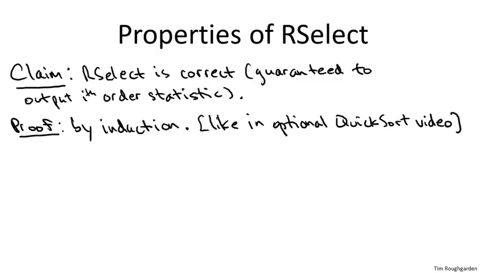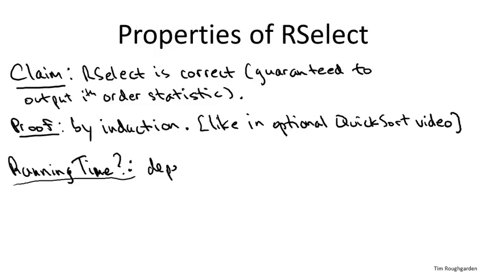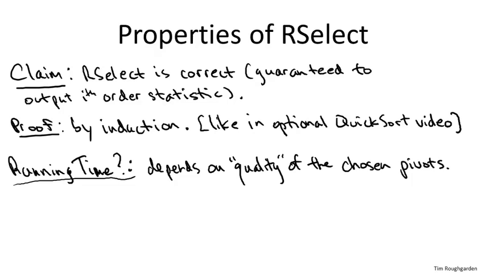So as usual for divide and conquer algorithms, the interesting part is not so much understanding why the algorithm works, but rather understanding how fast it runs. So the big question is, what is the running time of this selection algorithm? Now, to understand this, we have to understand the ramifications of pivot choices on the running time. You've seen the quicksort videos, they're fresh in your mind.